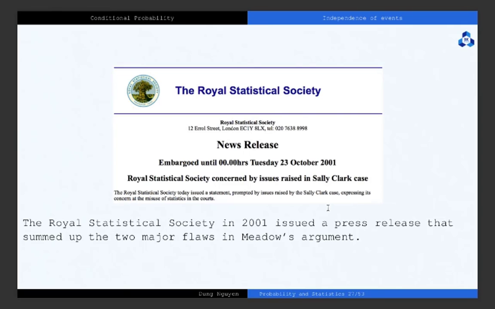However, in 2001, the Royal Statistical Society in the UK issued a press release that summed up the 2 major flaws in his arguments.